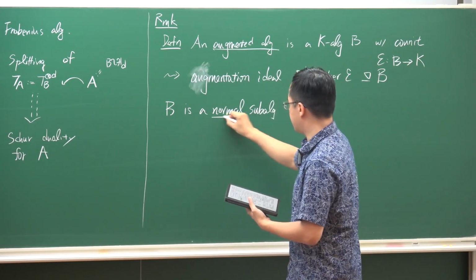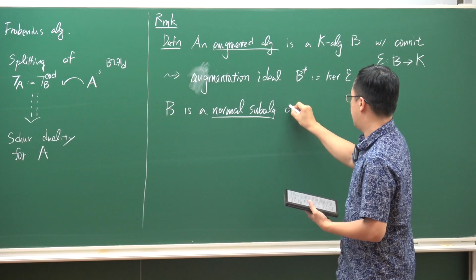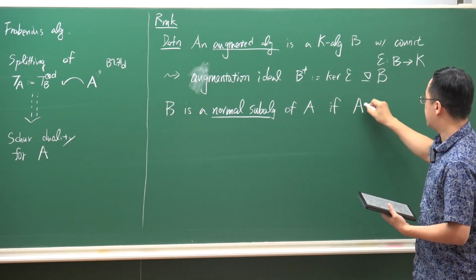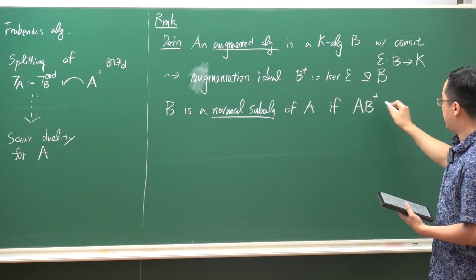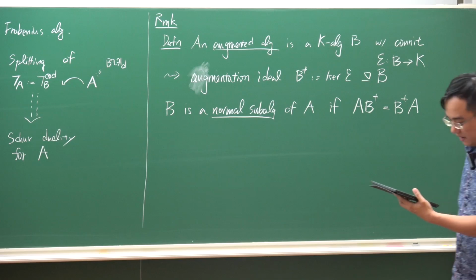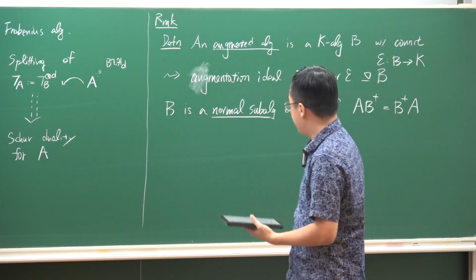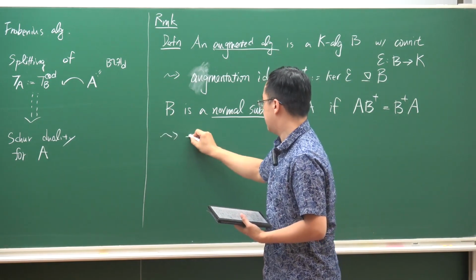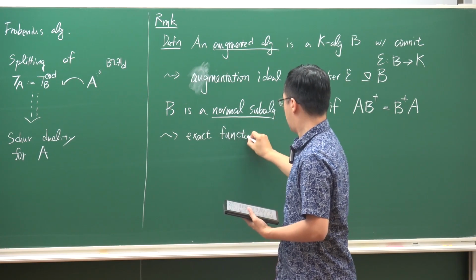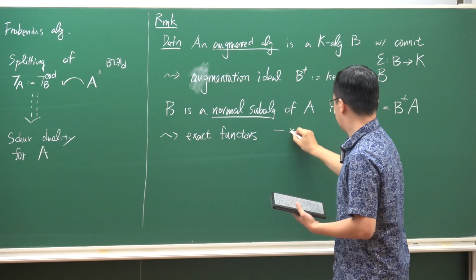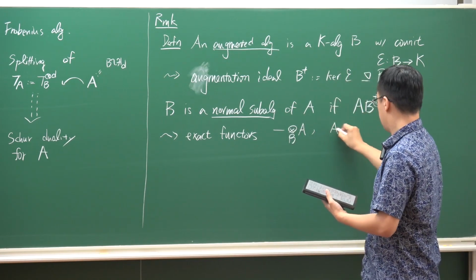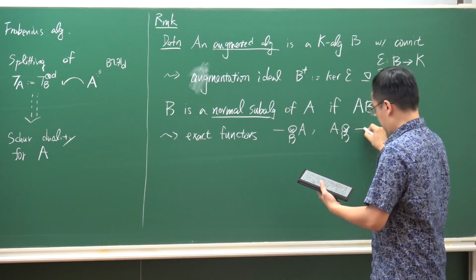So this is a normal subalgebra of some larger algebra if A times the augmentation ideal equals this ideal times A in the other direction, and hence you can get exact functors by tensoring over B on both sides.